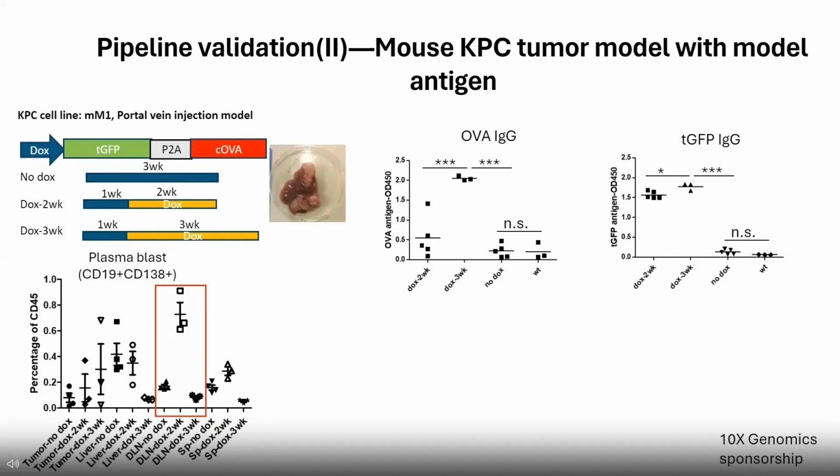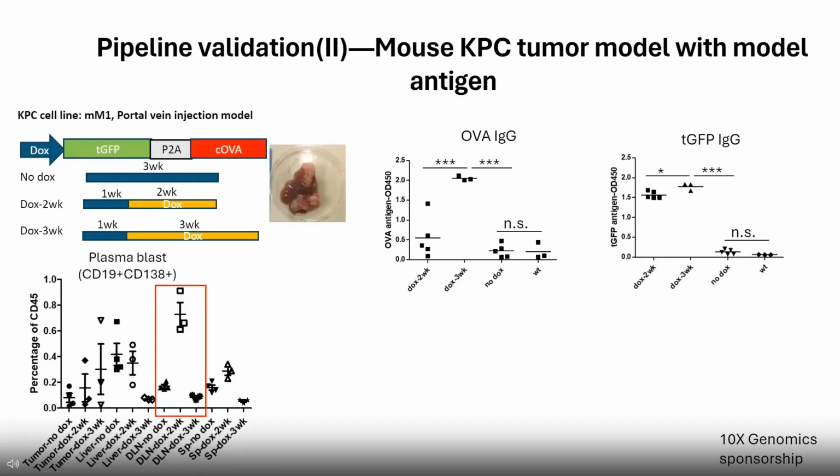One striking thing here is that we saw a spike of plasmablasts after 2 weeks of Dox compared to the no-Dox control, and somehow with longer Dox for 3 weeks, these plasmablasts were reduced.